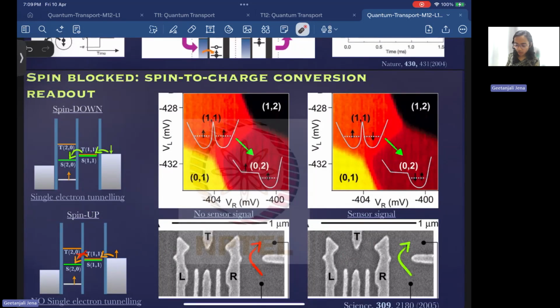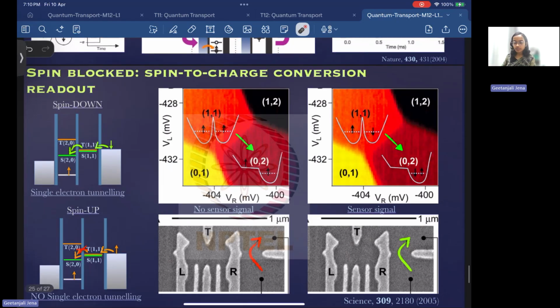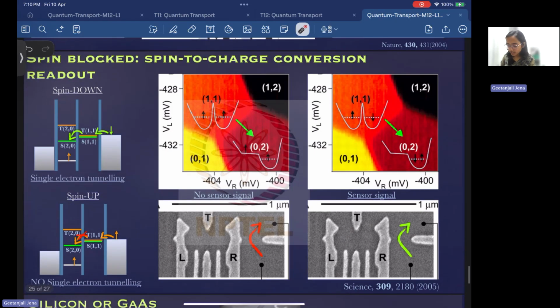By using the Pauli exclusion principle, we can detect the spin state of this qubit by spin to charge conversion. This concept we have already discussed earlier. If you look at this, let us say it is a spin down state which is trying to tunnel into this double dot quantum system.